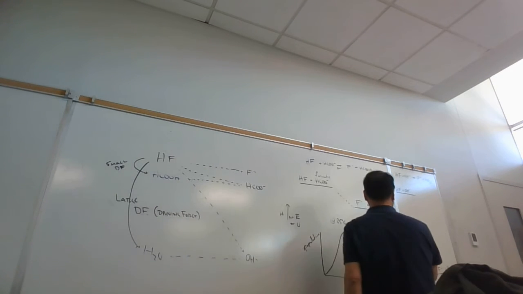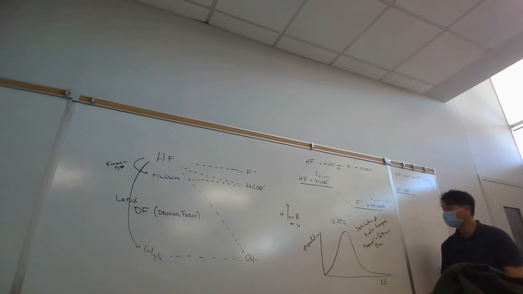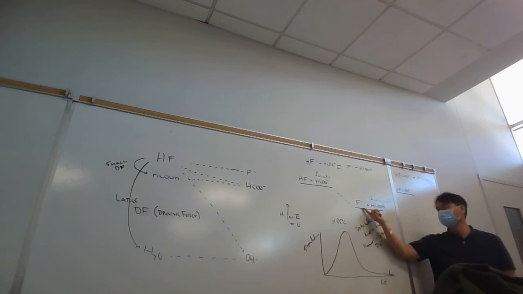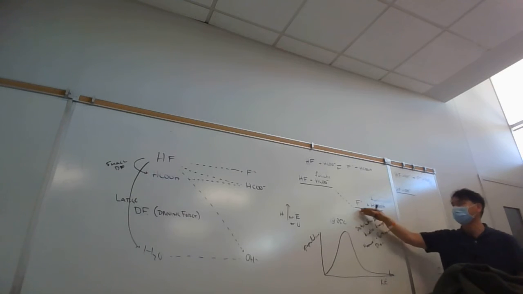If we look at the fluoride and the formic acid here at 25 degrees C, there's going to be a small population that's going to have fairly high energy. We'll have a cutoff here. So let's say this is the cutoff energy here. What can happen here is if you have a population of this, the small population of that will have enough energy to make it back up the hill.